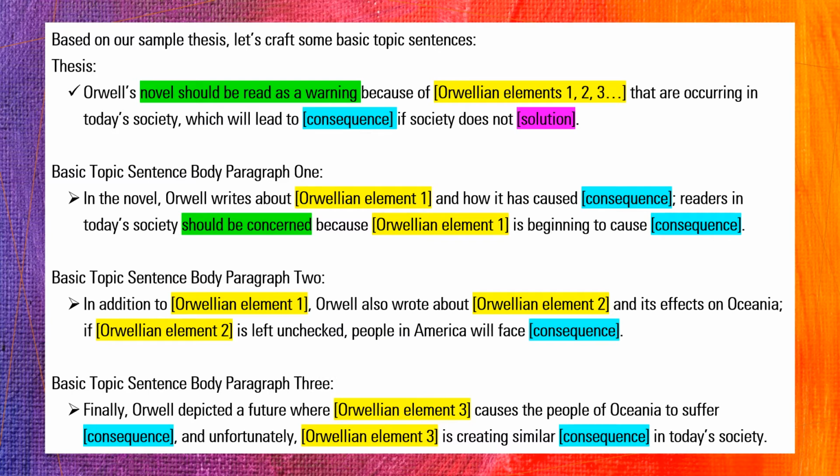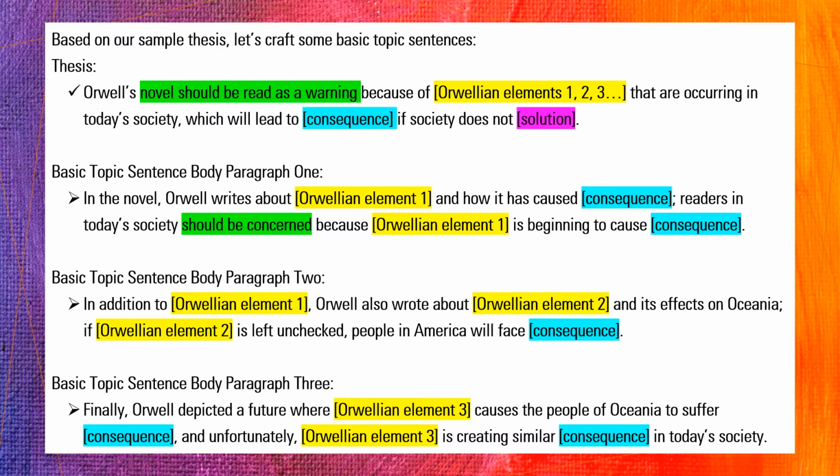As for body paragraph 3, I have a final transition as well as my final elements of my thesis. Finally, Orwell depicted a future where Orwellian element 3 causes the people of Oceania to suffer consequences, and unfortunately, Orwellian element 3 is creating similar consequences in today's society.